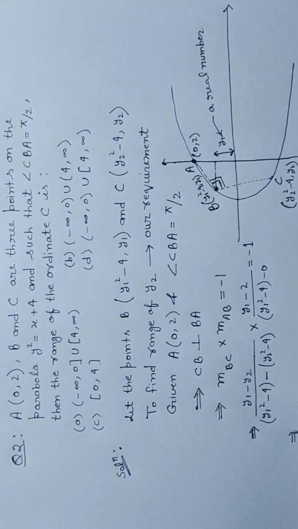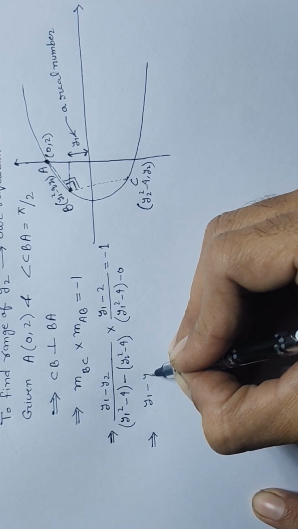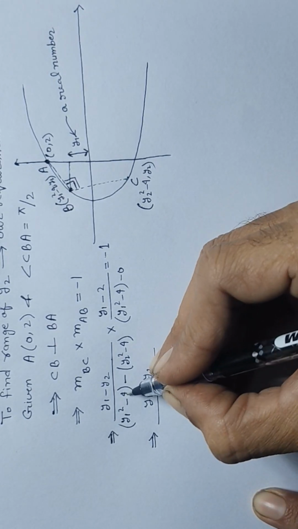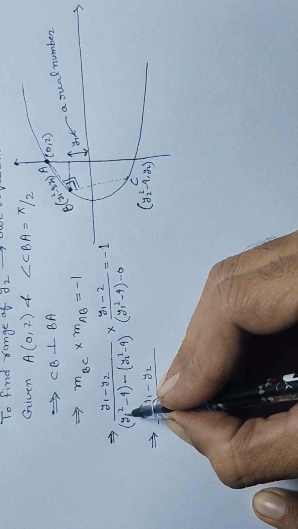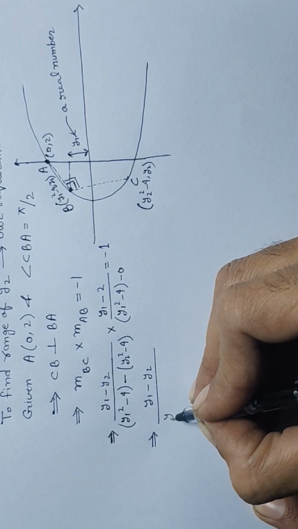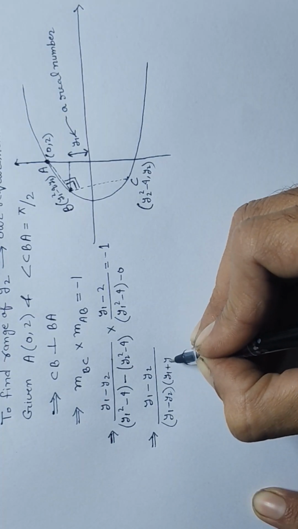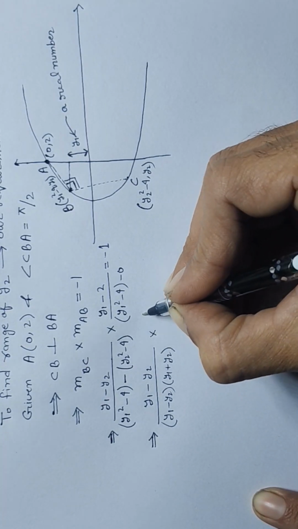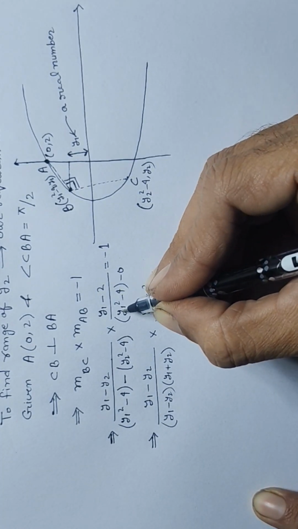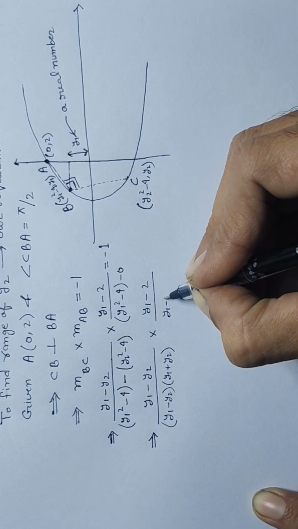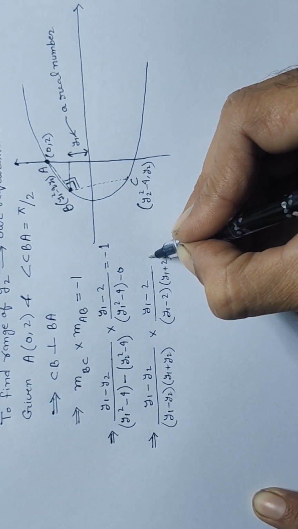So we solve: y1 minus y2 divided by y1 square minus y2 square, the -4 plus 4 cancelled, and factorize: (y1 minus y2)(y1 plus y2), multiplied by y1 minus 2 divided by y1 square minus 2 square, factorize: (y1 minus 2)(y1 plus 2), equal to minus 1.